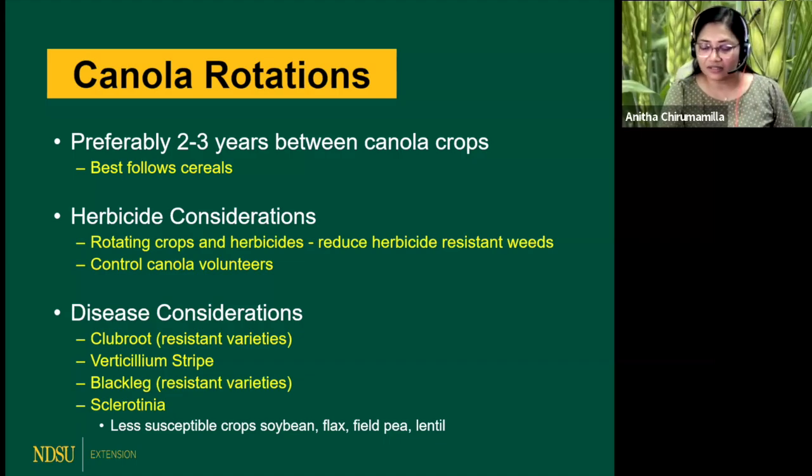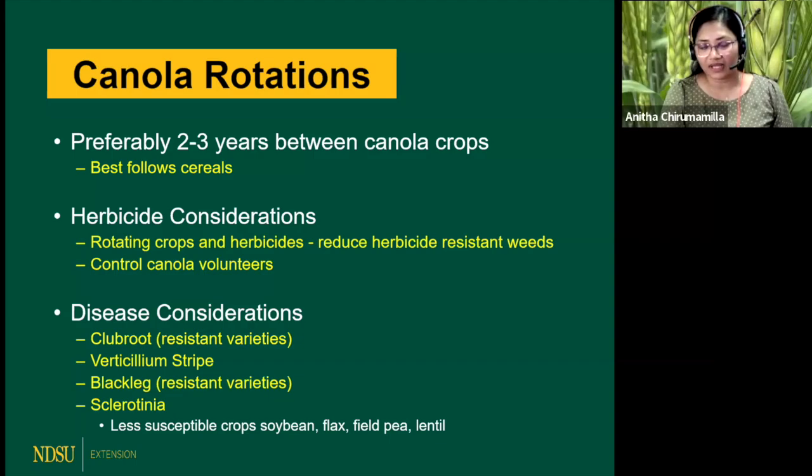The general recommendation for crop rotation in canola is a minimum of 2 to 3 years. Research shows canola best follows cereals. And like Brian stated in his presentation, rotating crops will give you herbicide options, and that would help in reducing herbicide resistant weeds.